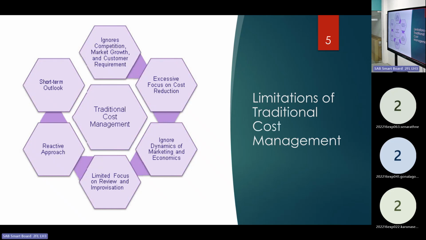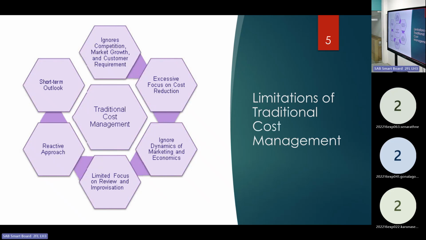You are focusing on internal business processes, right? Cost reduction perspective. So external factors are not much taken into consideration. So it has an excessive focus on cost reduction. Cost reduction is important for a business, but the traditional cost management mainly focuses on cost reduction, excessive focus on cost reduction.